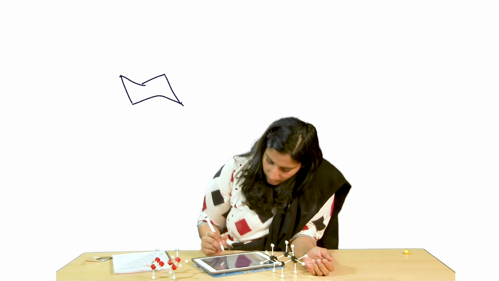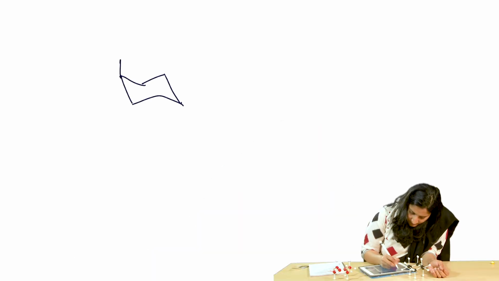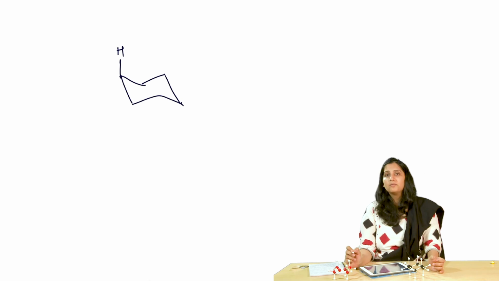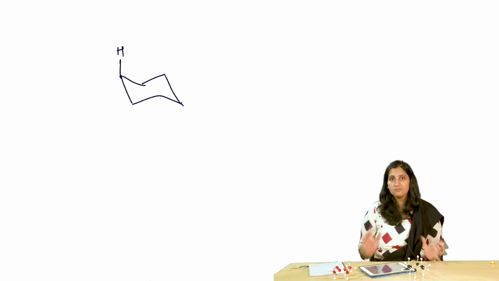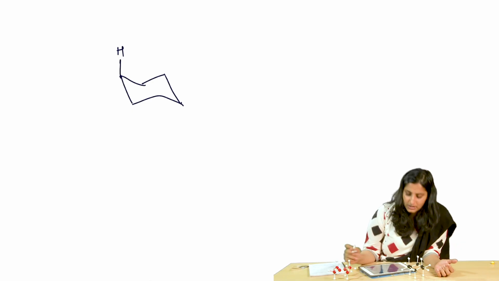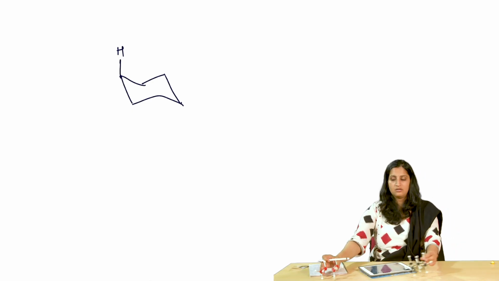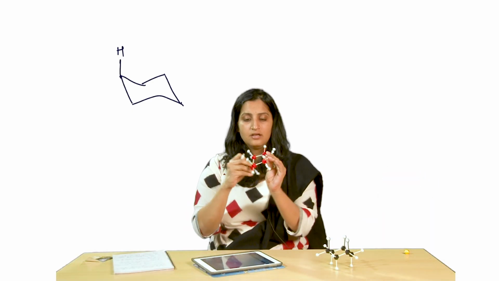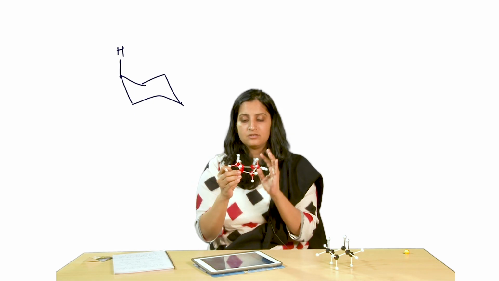So, let me draw one group here. We are only going to draw one of these hydrogens because I do not want to draw all of them such that it becomes messy. Okay. So, let us look at this particular hydrogen, which is currently in the axial up form, right.